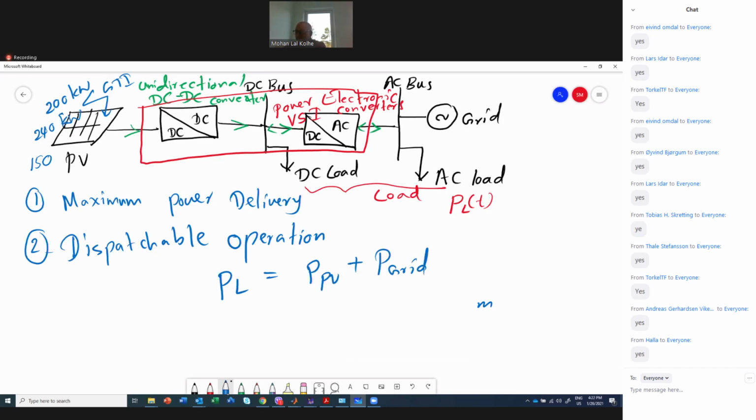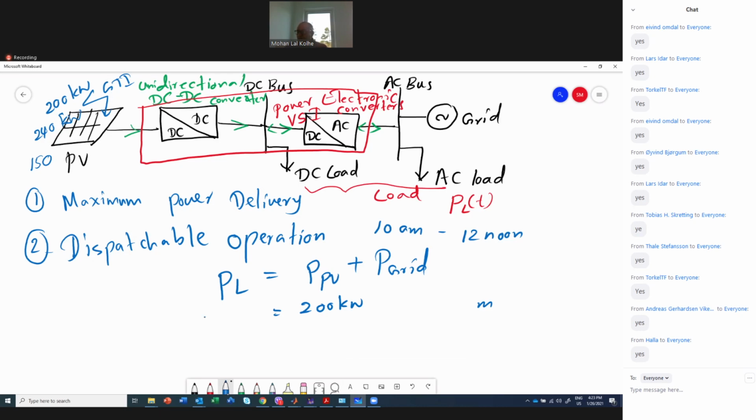Unlike in the maximum power delivery, during the dispatchable operation, the grid will specify for the PV system that during a specific period, you are supposed to provide this much power. Let's say from 10 a.m. to 12 noon, our PV system has to provide 200 kilowatt.